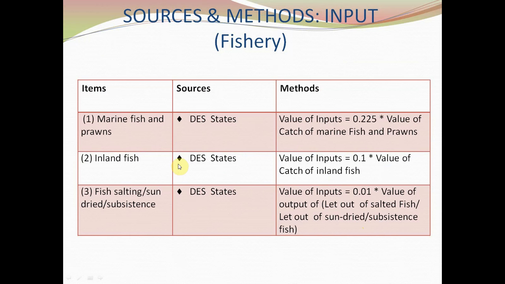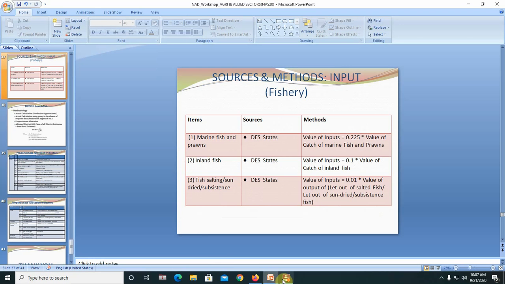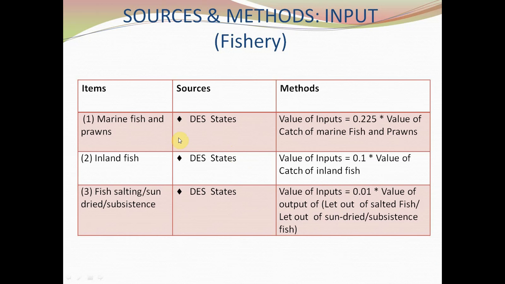Then inputs for marine fish and prawns, inland fish and fish salting and drying and subsistence fishing. For this, data is provided by DA states. For marine fish and prawns, method of calculation of input is 22.5% of value of catch of marine fish and prawns.